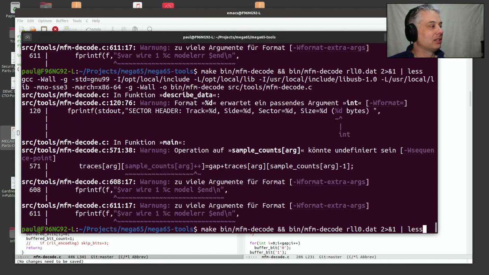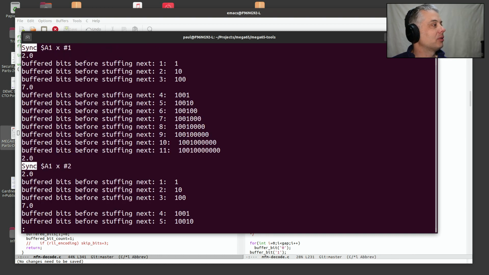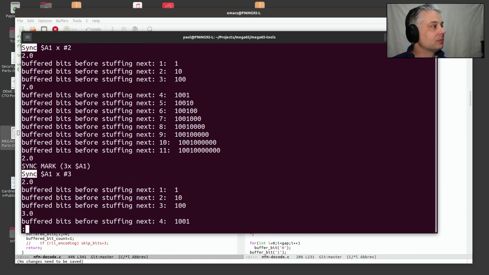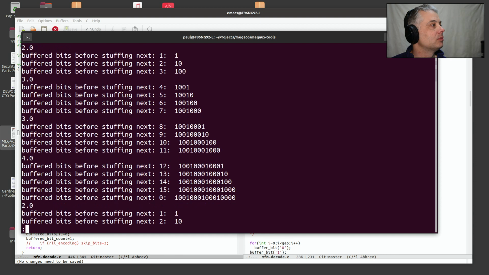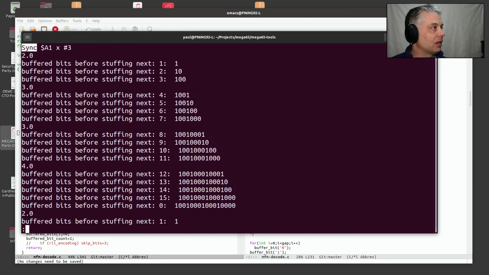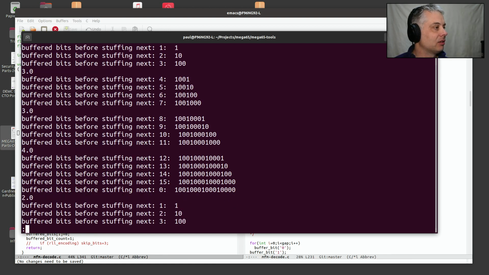Otherwise we are naughtily eating up gaps that we need. Okay, and so now after we've got the sync, 3, 3, 4.